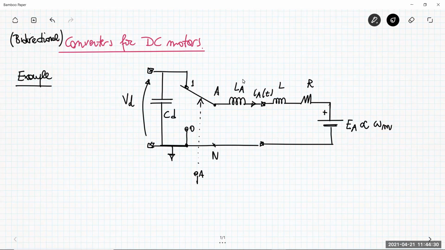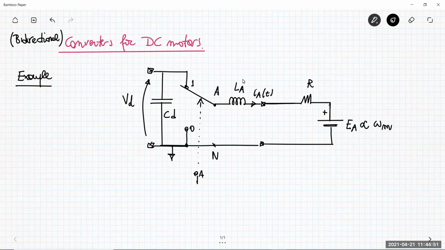So basically the inductance LA and L that are in series can be represented by just a single inductance. So let me put here just the inductance LA. That can be simply the inductance of the motor.